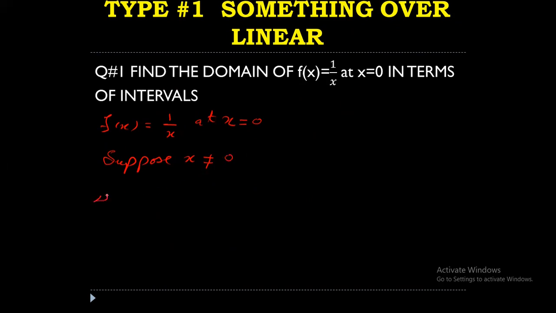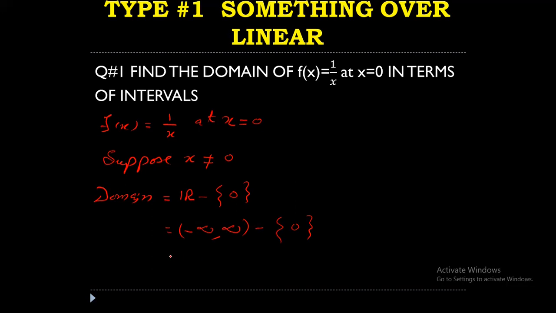So domain is equal to the set of all real numbers minus this 0. Okay, so you can also write real numbers, minus infinity to infinity, minus 0.